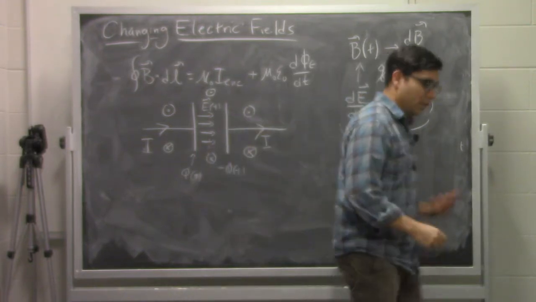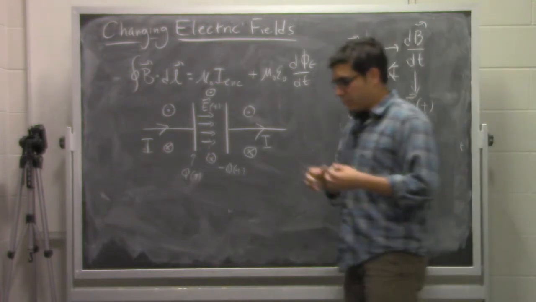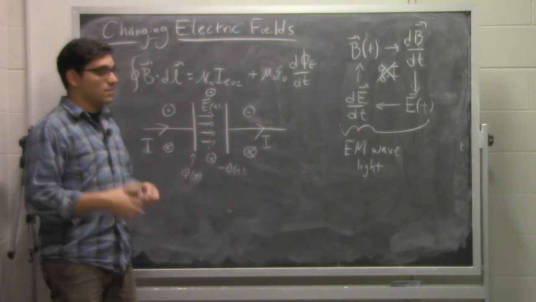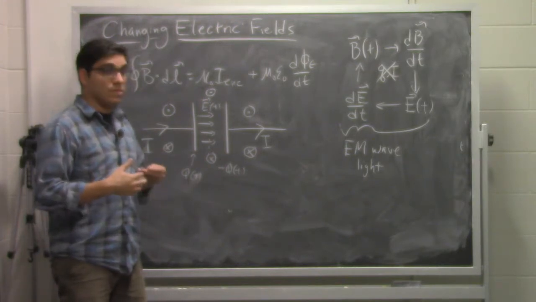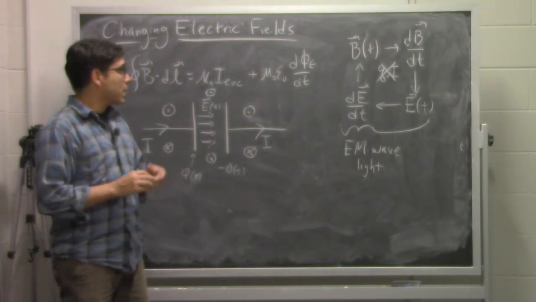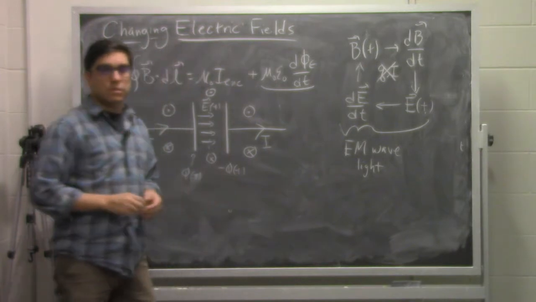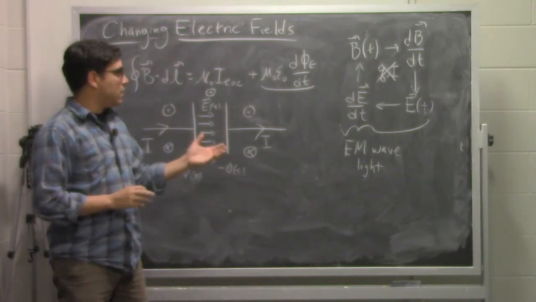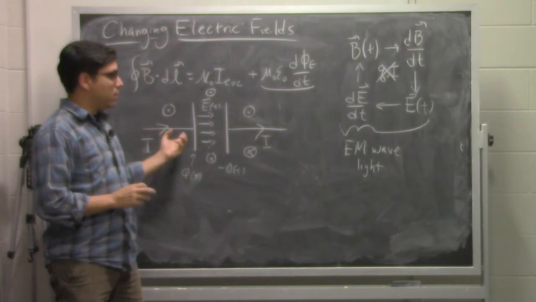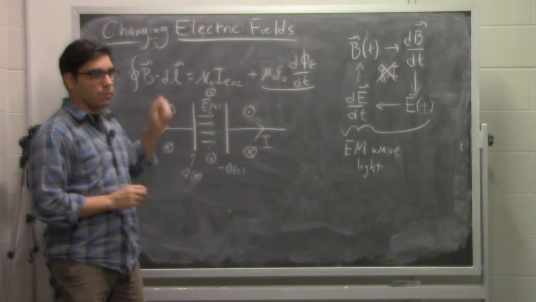So the phenomenon of light, of actually having some electromagnetic wave that moves throughout all of space, starts with charges and currents, but does not need them to continue to be sustained over any sort of space. And this is precisely because of this correction to Ampere's law, this idea that a changing current will drive this sort of changing electric field and thus drive a changing magnetic field.